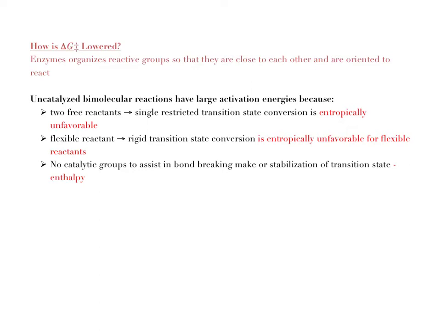The enzyme lowers the activation energy by binding to and organizing the reactive groups so they're close to one another. So if we consider a bimolecular reaction where two reactants are going to come together to form products, in the uncatalyzed reaction the two reactants are just free in solution. They can go wherever they want to go.